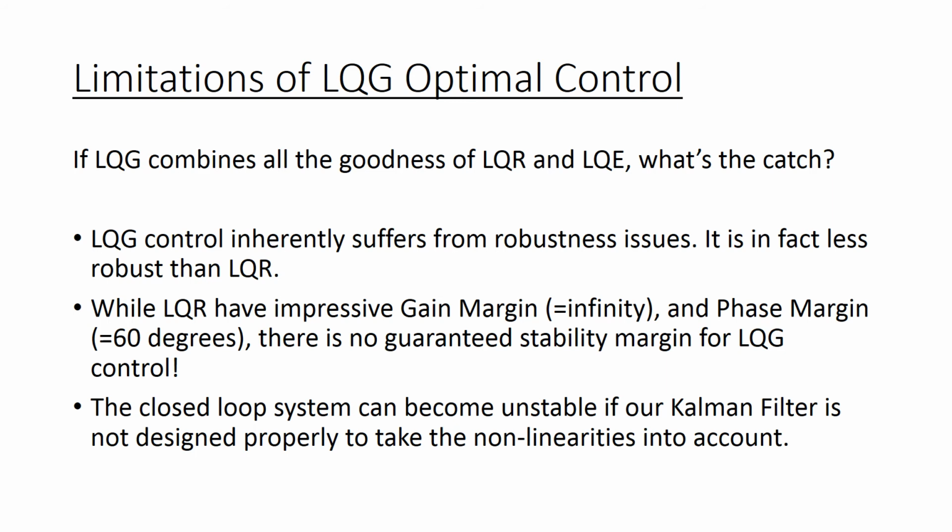The closed loop system can become unstable if our Kalman filter is not designed properly to handle the nonlinearities in the system. So LQG control can have several limitations over LQR if the system has nonlinearities associated with it.